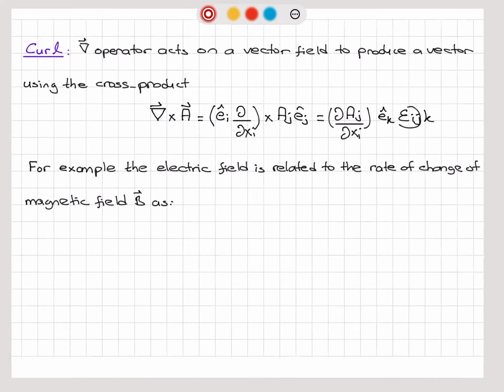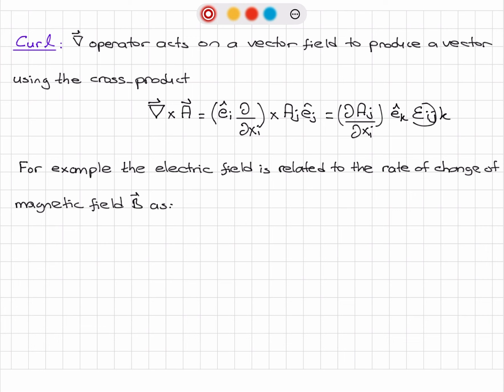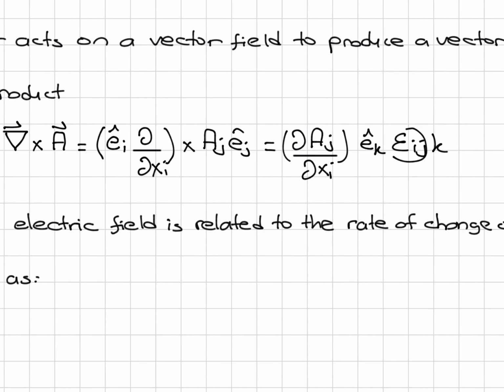Remember, in our cross product, this is epsilon ijk. The ith component is del xi, and then we have the jth component of the vector Aj, and this is in the ek hat direction with the Levi-Civita symbol.